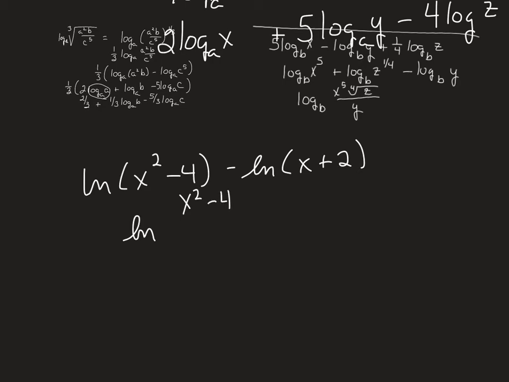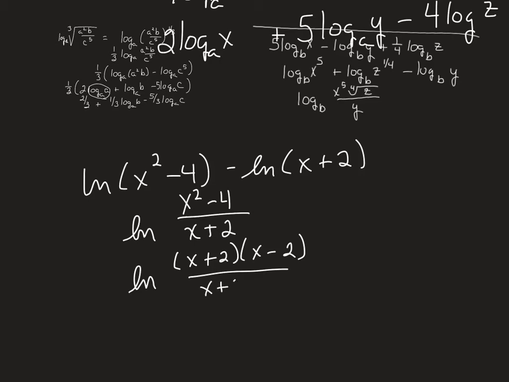Remember, natural log has a base of e. Over x plus 2. But I'm not finished because I hope you remember difference of squares. This becomes x plus 2 times x minus 2 over x plus 2. And so when we fully condense, we get the natural log of x minus 2.